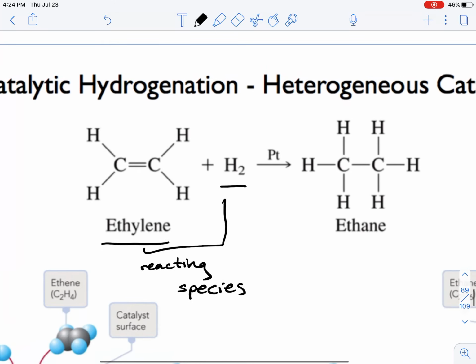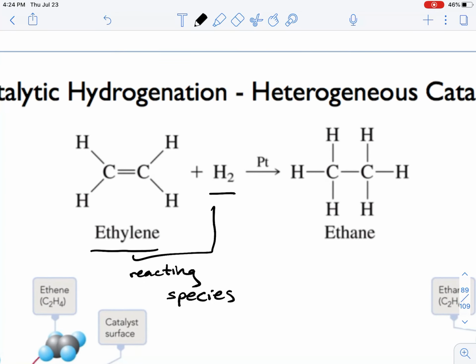And so typically when you are trying to incorporate a catalyst in a balanced chemical equation, it's written on top of the arrow sign. So platinum would be a catalyst.